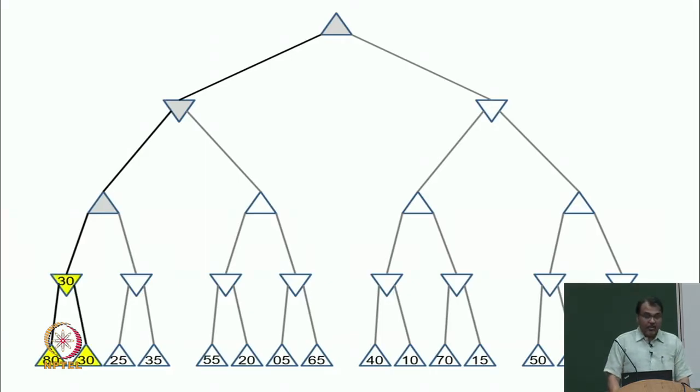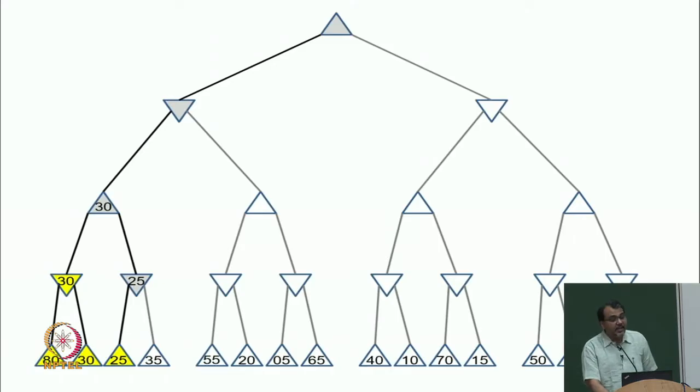Very good. So, it becomes 30, and now it sends the information up to its parent, which is a max node, saying, look, in this subtree, the best you, the parent, can achieve is 30. Now, the max says, okay, in the first child I can get 30, what about the second child? So, it sends this down, and you start backing it up.